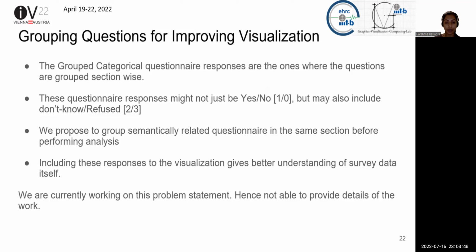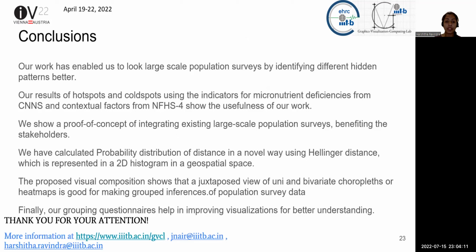Including these responses in the visualizations enables better analysis for the person who does survey data analysis. The grouped categorical questionnaire responses are presented in the form of a vector of responses from an individual. Our work has enabled us to look at large-scale population surveys by identifying different hidden patterns better.